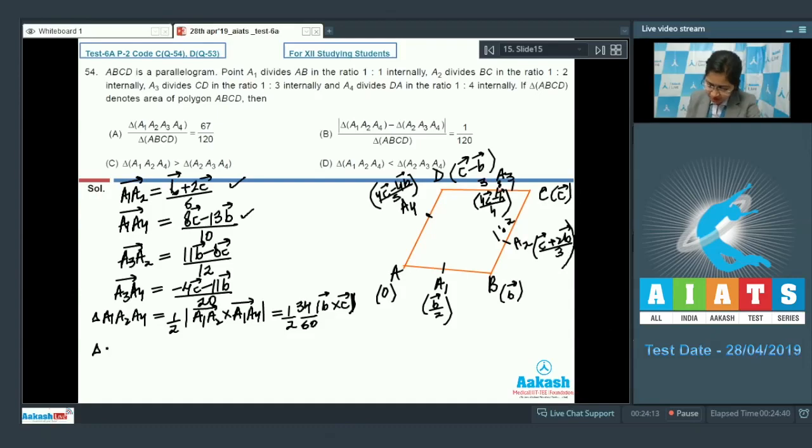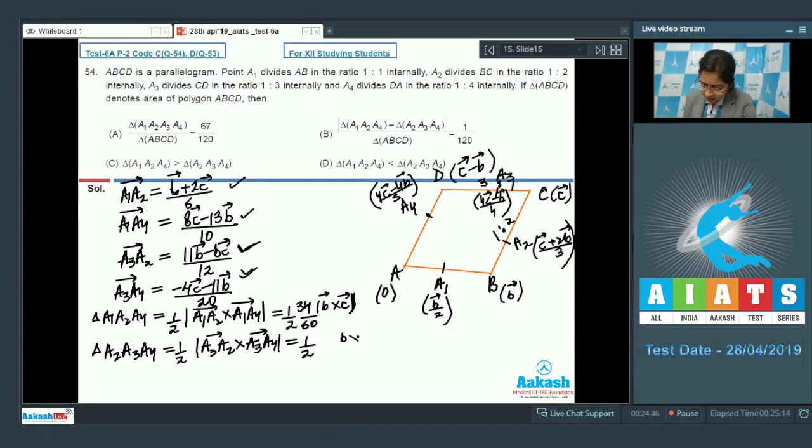Similarly, let's find the area of triangle A2, A3, A4. That will be equal to half times modulus of A3A2 vector cross A3A4 vector. So that will be equal to half into this and this one. So minus 44 times b cross c and plus 88 times c cross b.